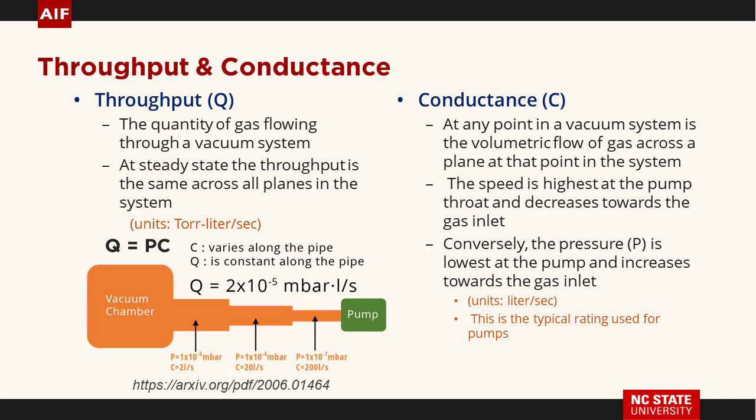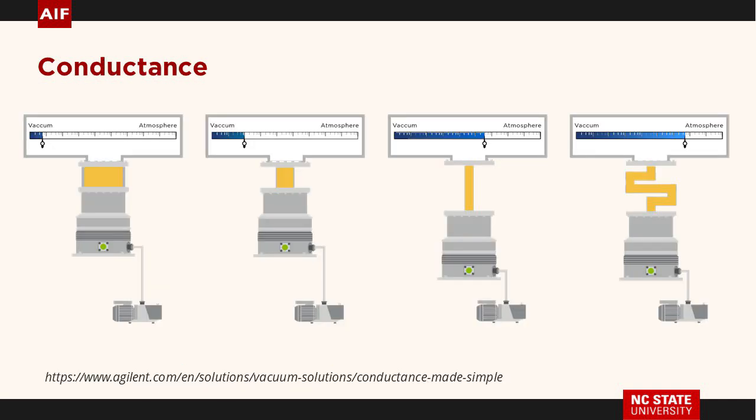When you're deciding, do I need a bigger pump, whatever I'm going to use as a rating, look for liters per second. That's the term you normally find. It'll be maybe a 300 liters per second turbo pump or a swirl pump, 120 liters per second, something like that. That's the term to look for.